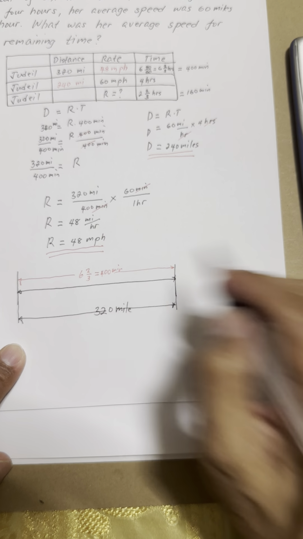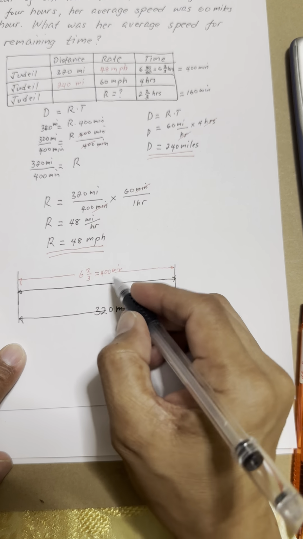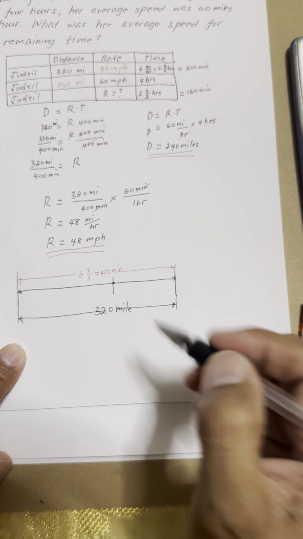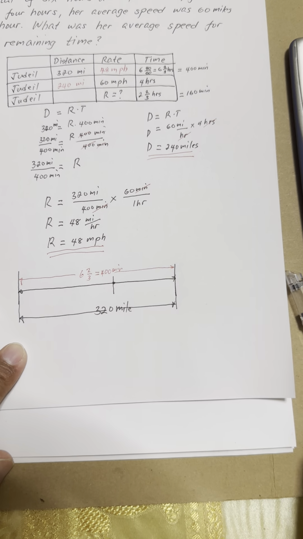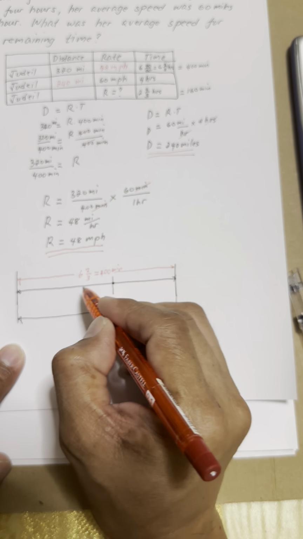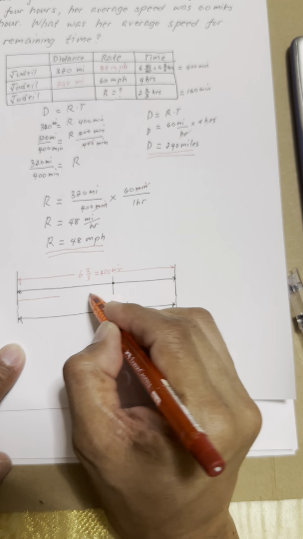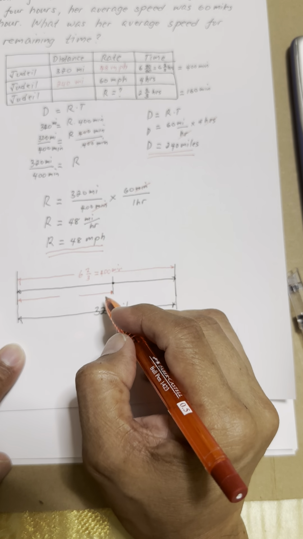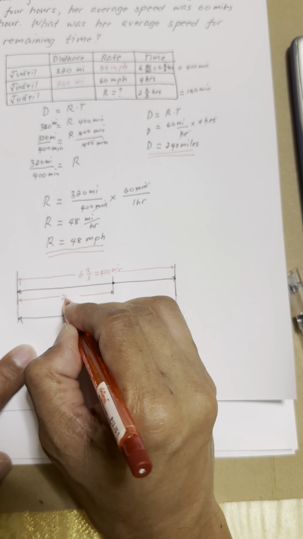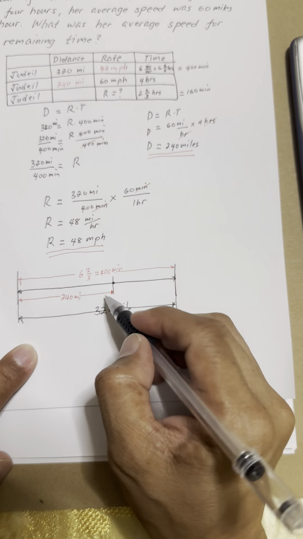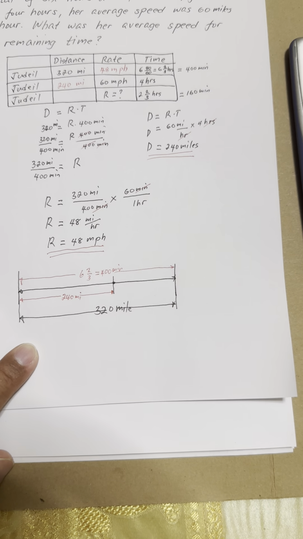So assuming that this is 320 miles, and 240 miles is here. So this distance is 240 miles, and the time taken to reach this is the first 4 hours, right?